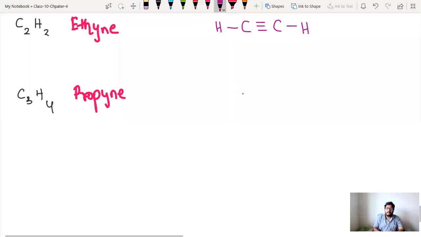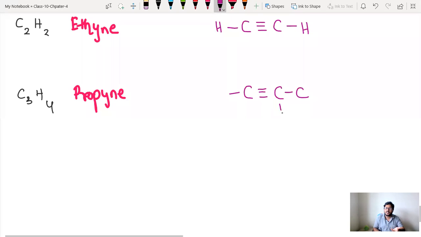How many carbons? 3: 1, 2, 3, with at least one triple bond. If you represent one triple bond here, the remaining should be single bond. Now the remaining valency for this carbon: already 3, so 4. For the second carbon, 3 on the left hand side, 1 on the right hand side, 3 plus 1 is 4, so no need for any other valency.